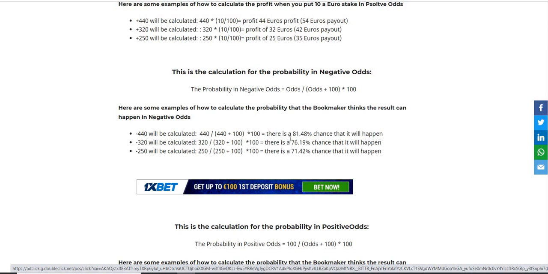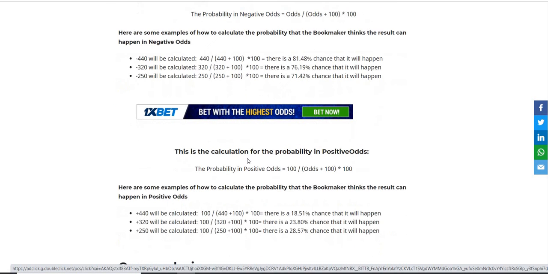It means that it's 81.48%. It means that the favorites here, the bookmakers believe that they will win this match. And for minus 250, if you do the calculation from this formula, it's a 71.42% chance that it's going to happen.